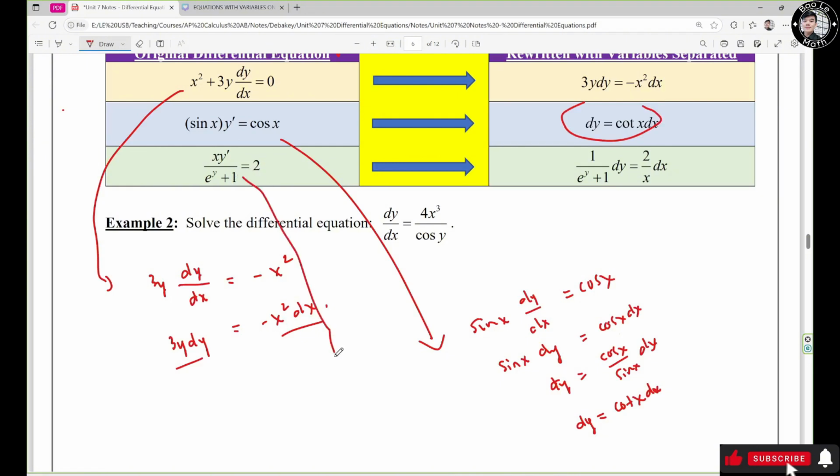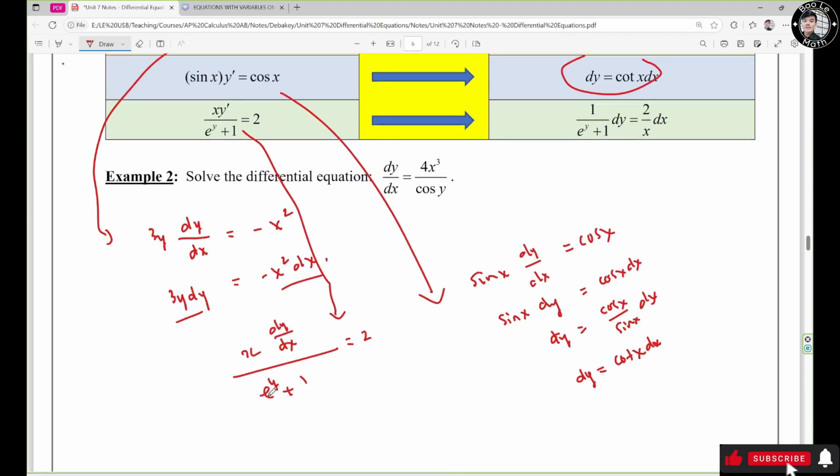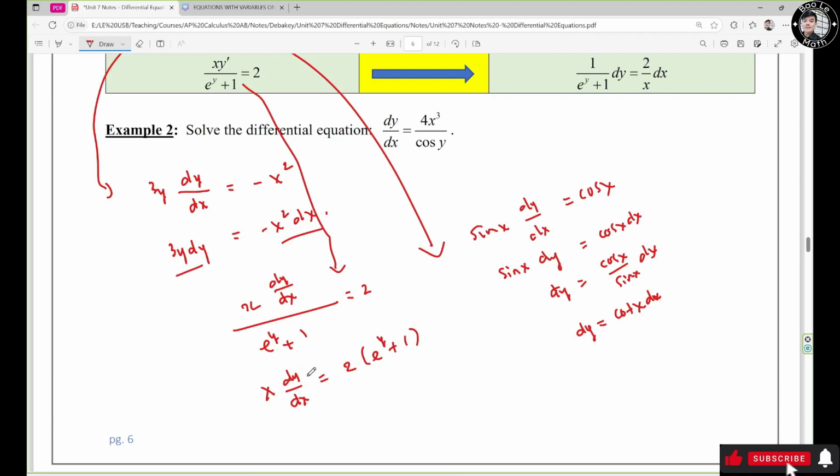Now the last one right here is s times dy over ds, over e to the y plus 1, equals 2. Now you need to multiply both sides by e to the y plus 1, so it becomes s dy over ds equals 2 times e to the y plus 1. Now multiply both sides by ds, so s dy equals 2 times e to the y plus 1 times ds.